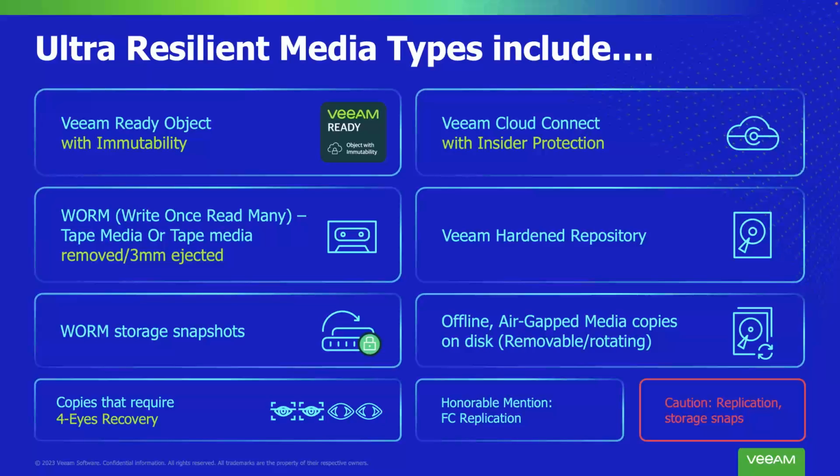In the event that, for whatever reason, the VBR on the customer tenant side gets compromised and data is deleted, the Veeam Cloud Service Provider will have a third copy to restore your backup data for you, in case your backup data is removed accidentally or intentionally.